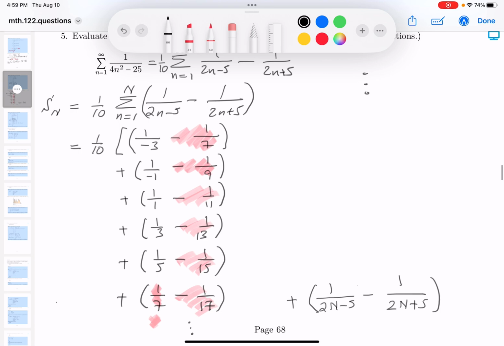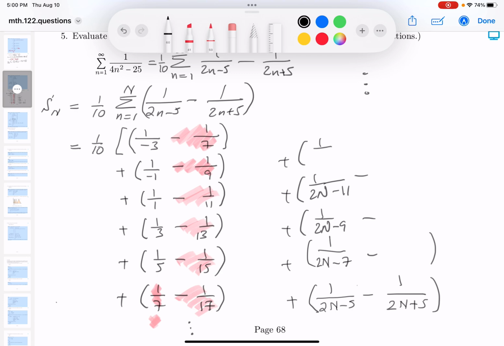And I know I got subtractions over here every single time. So it's going to be 1 over 2n. I'm going back by 2 now, right? So minus 7, back by 2, back by 2, back by 2, right?